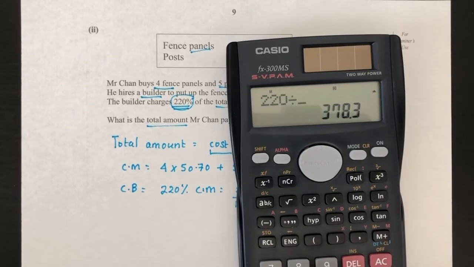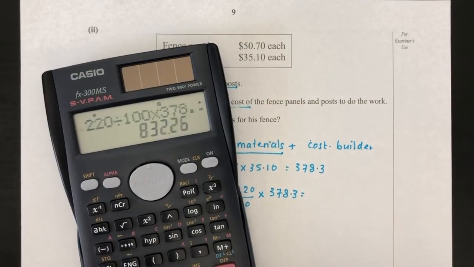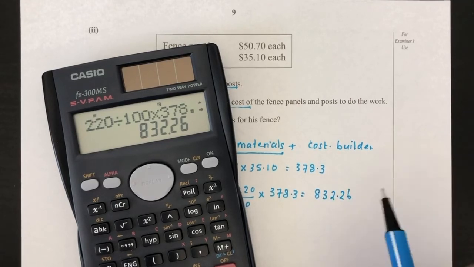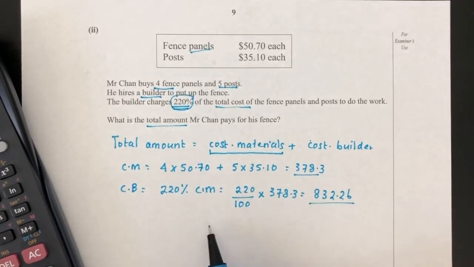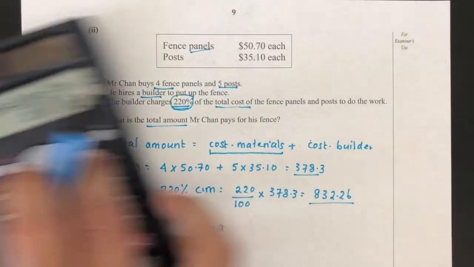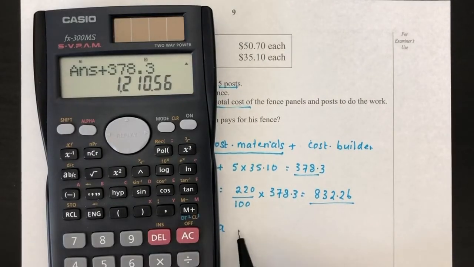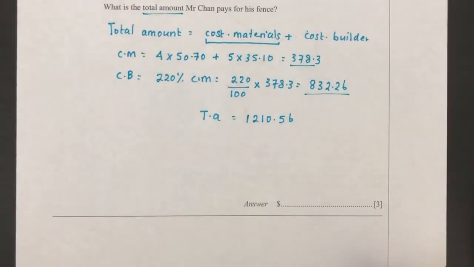So 220 divided by 100 times 378.3 will be 832.26. Now the total cost will be this plus this, plus 378.3. That will be 1,210.56. So that will be your answer for part 2.